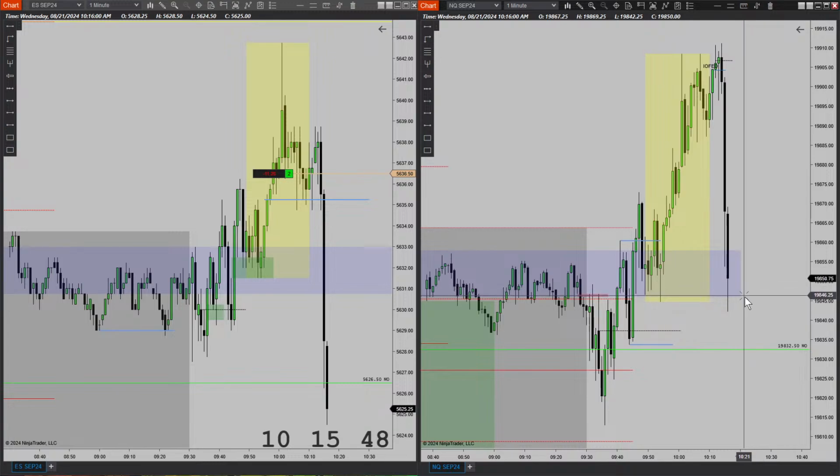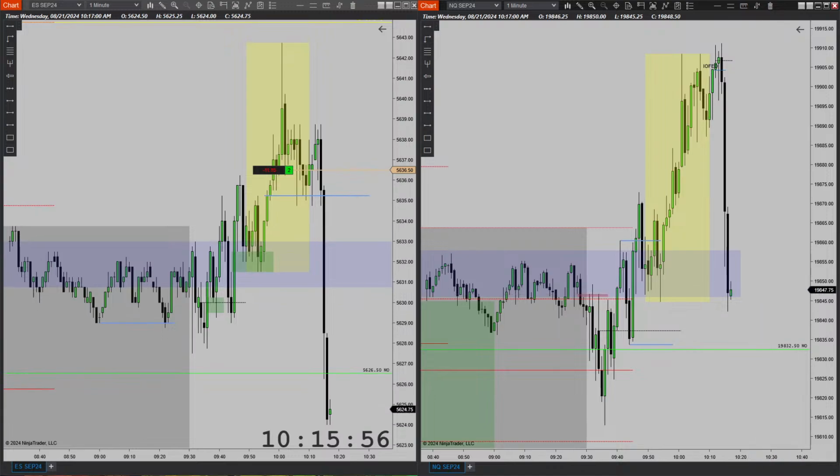Let's see what happens at the 1500 macro. Nope, it's not doing it. All right, let's see what it does here at this immediate rebalance.